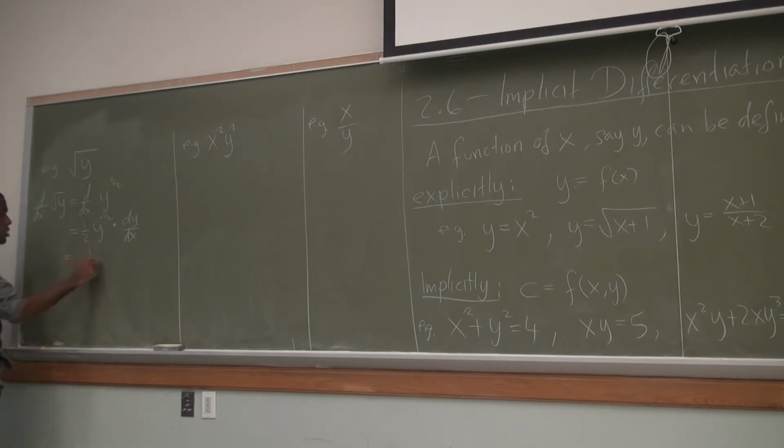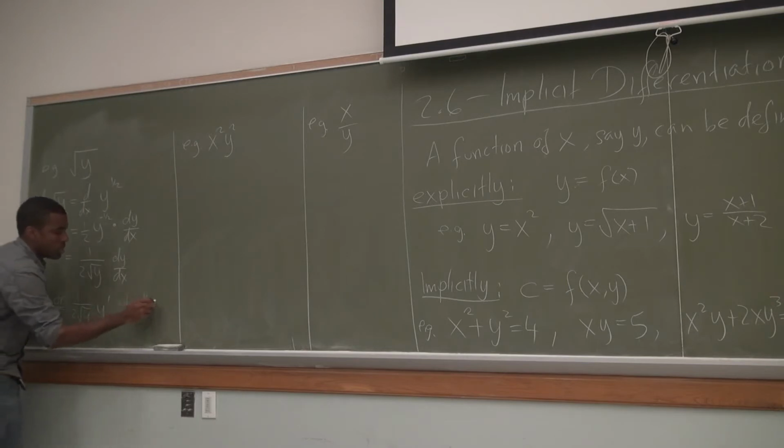So this is just 1 over 2 radical y dy dx, or 1 over 2 radical y times y prime, when the independent variable is understood.